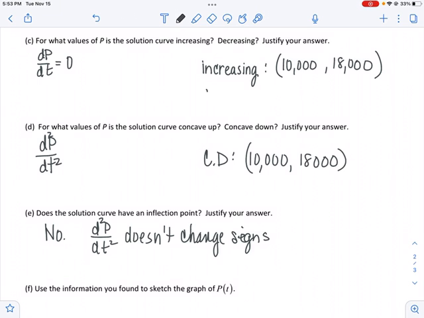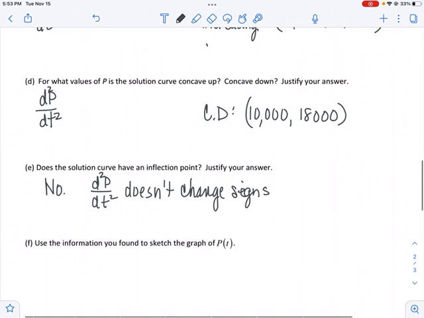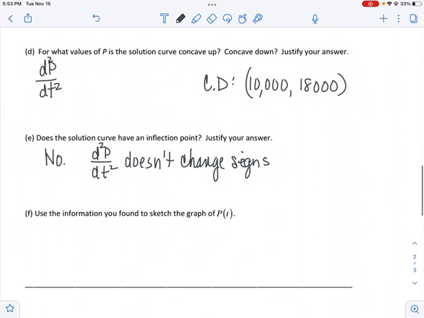Okay, so this is what it's going to look like using the information. If we look at an axis where we start off at 10,000 now, I didn't put the 4,000 on the last one, but I'll put 18,000 here, and here's our leveling off, our asymptote, if you will.